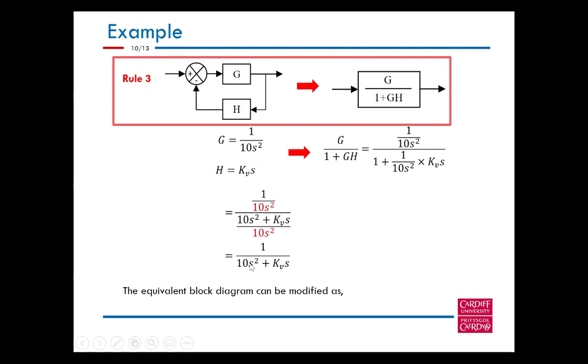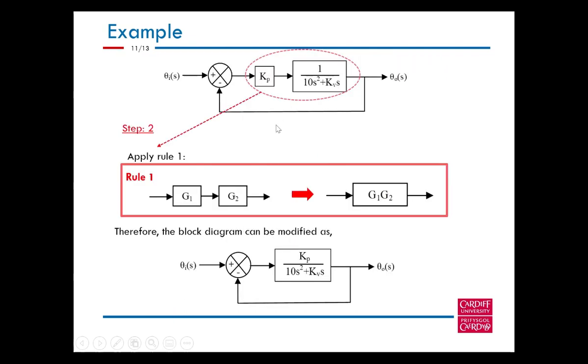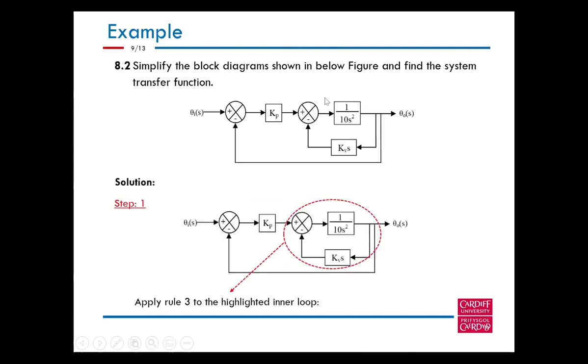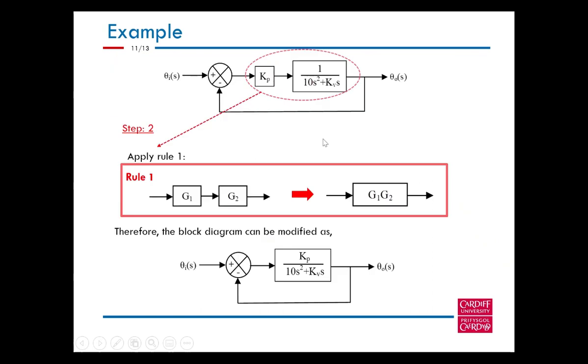Because we have this integrated block, we can have this single block to represent all these parts: the summing element plus this block and that block. So this diagram becomes quite simple.